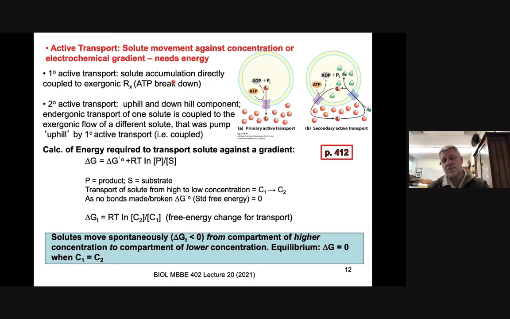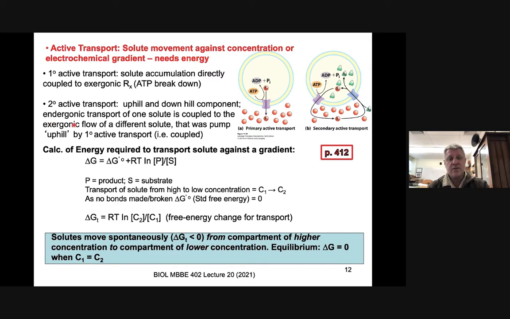A secondary transport system uses that same system, the up and downhill component, and an endergonic transport system of one of these particular solutes, in this case, this guy here, the S1, to basically go with the flow. And this going with the flow will then actually impact a different solute that's usually in a lower concentration and bring it into the cell to actually concentrate that material inside the cell.